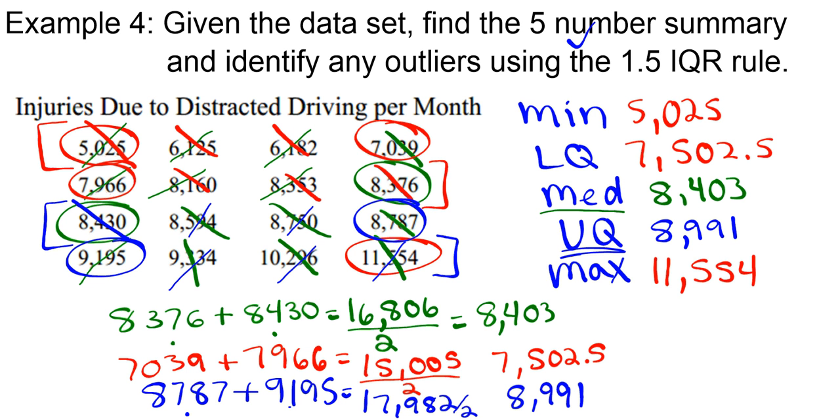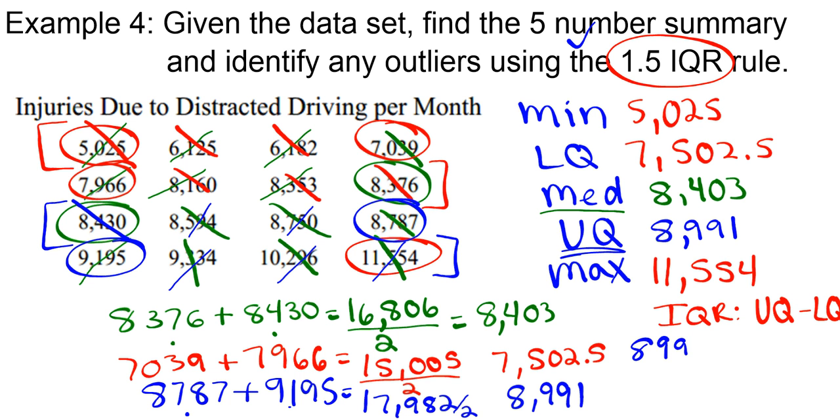Now I need to see if there's any outliers. So I need to find my 1.5 IQR. Well, my IQR, interquartile range, is my upper quartile minus my lower quartile. So my upper quartile is 8,991, and I'm going to be subtracting my lower quartile, which is 7,502.5.